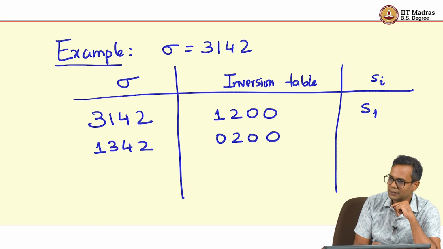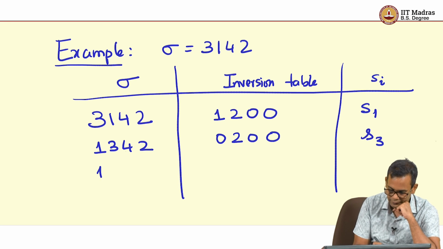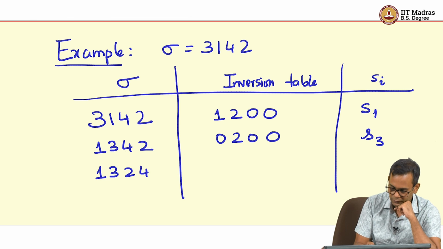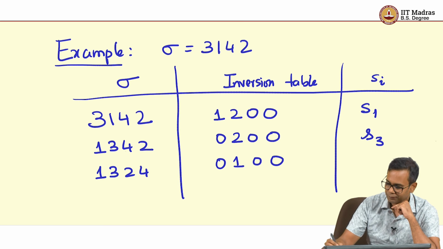Now, there is no descent at the first position, there is no descent at the second position, there is a descent between the third and fourth entries. So, 4 2. So, we need to apply S3 here, and what we get is 1 3 2 4, and what happened to the inversion table? Well, we have reduced one of the inversions again, the inversions involving 2 has reduced, this has become 0 1 0 0, and now let us look for a descent.